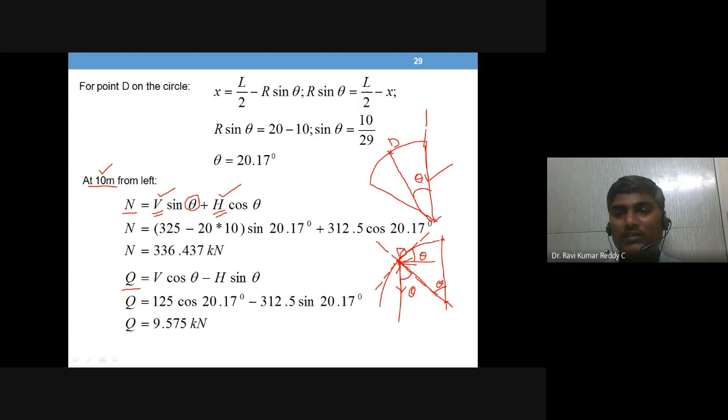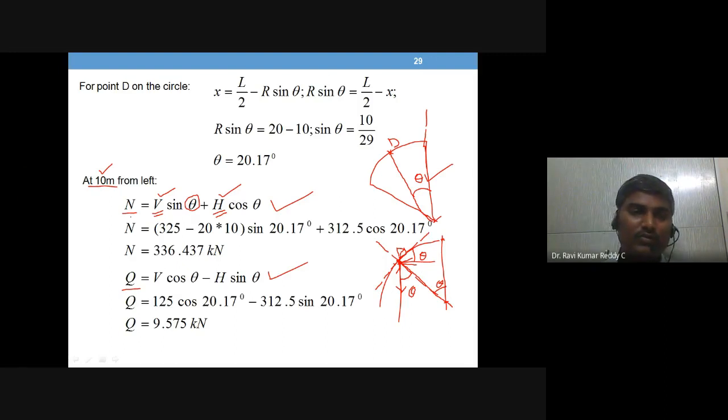Do you agree? This is a vertical line, and this is a radial line joining the chosen point and the center. Same here, theta, and opposite angles are the same from basic mathematics, so this is also theta. This is what is shown in the earlier slides, where to derive these two equations we used this notation.